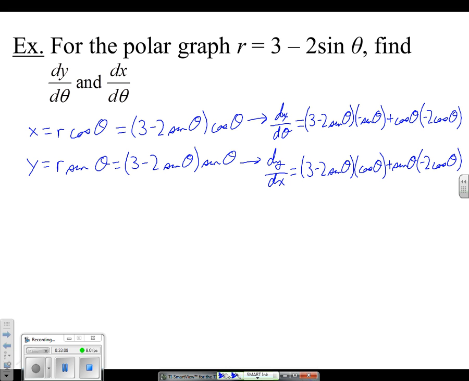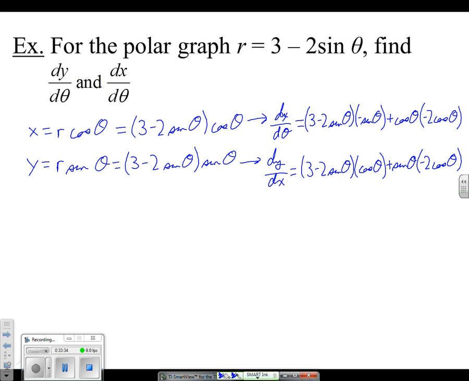In this case, it simplifies a little bit, but there's not much point. Okay, and then if it had asked us to find the value of these two derivatives at a point, we would plug in the point. It would give us some value of theta, so we'd plug in the point, and then whatever number we got, that would be the rate at which the x coordinate is changing, and the rate at which the y coordinate is changing.